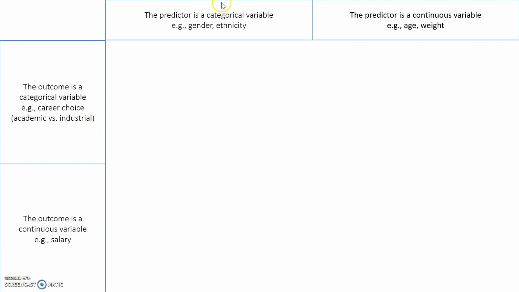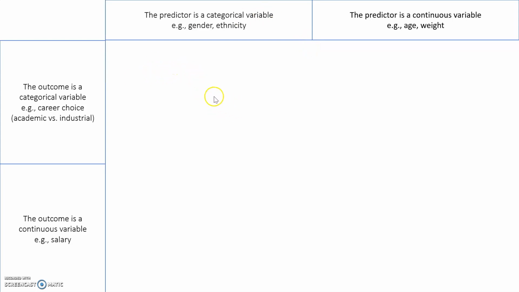So we have these two columns, two rows, and let's look at these intersections. With these two possible predictor types and two possible outcome types, we could have four possible situations. We're going to use four different tests given a certain type of predictor and a certain type of outcome variable.